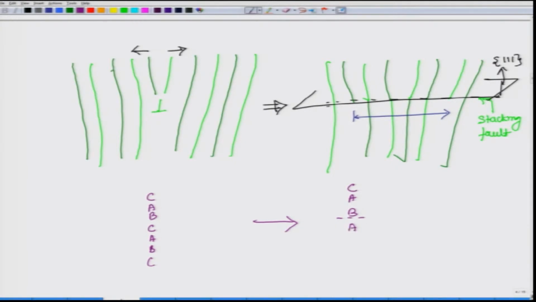So, now there is a repulsion, there would be extra energy, because now these two atoms are sitting very close to each other, which is not their low energy configuration, and because of that the energy in this particular region increases. So, only at this particular layer there is a stacking fault. So, this is the stacking fault which I have represented over here. So, this plane is same as this plane. So, this is the stacking fault.